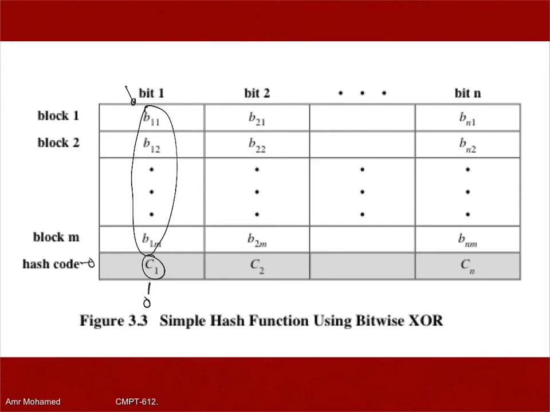Can we call it secure? No. Why? The property that we just talked about: I can do it easily. I can take any combination of these bits, as long as I preserve the number of ones to still be odd or even, I can do whatever combination I want. And all of these combinations will produce the same parity bit. So either 1, 1, 0, 0, 0, or 0, 0, 1, 1, or whatever.